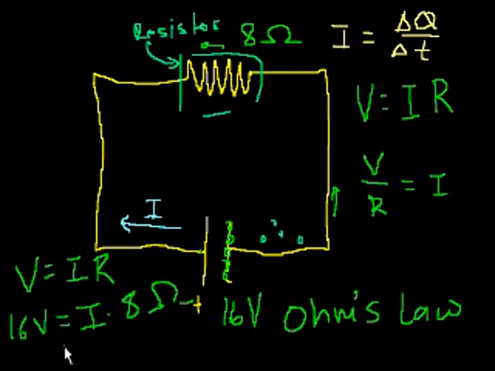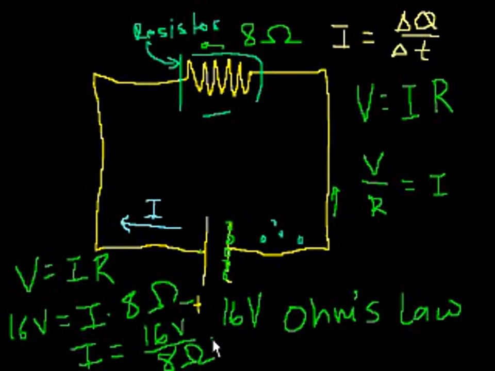So the current is equal to 16 volts divided by 8 ohms, which is equal to 2 amperes, or sometimes they're called amps, and that's the unit for current. But as we know, current is the amount of charge per amount of time. So an ampere is just 2 coulombs per second.